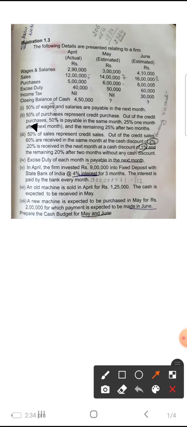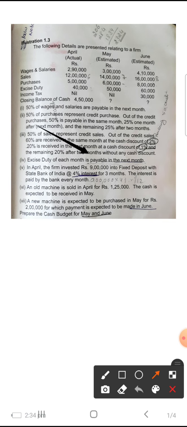Third point, 50% of the sale represents credit sales. Out of the credit sales, 60% is received in the same month at a cash discount of 2%, 20% is received in the next month at a cash discount of 2%. Now credit sale is 50%, it means the remaining 50% is cash sales.